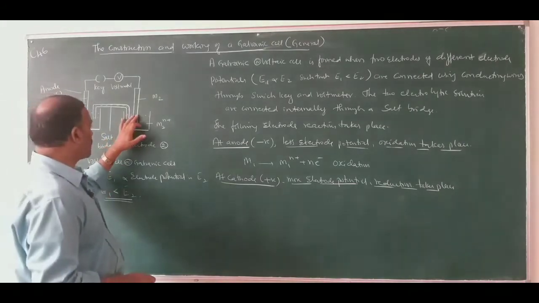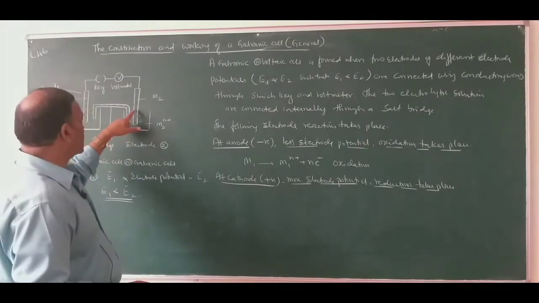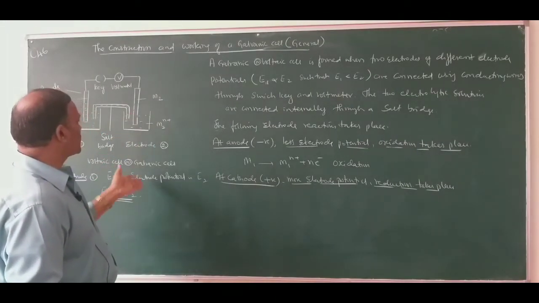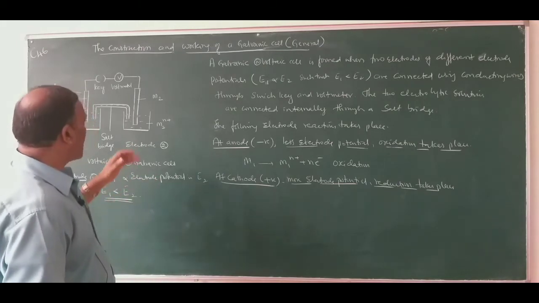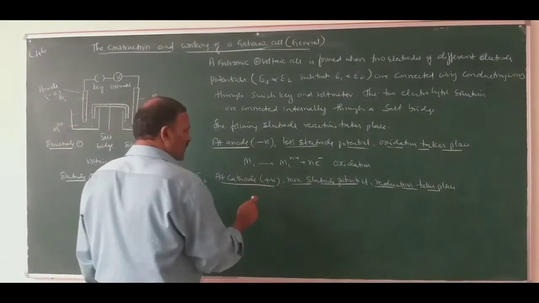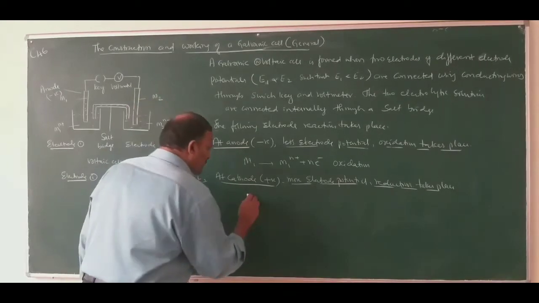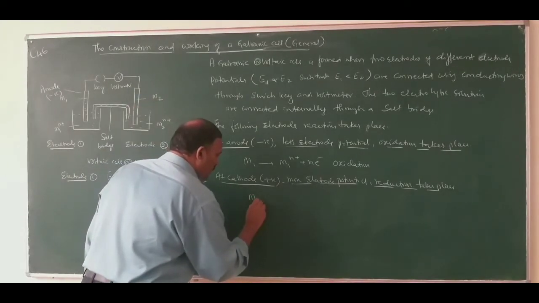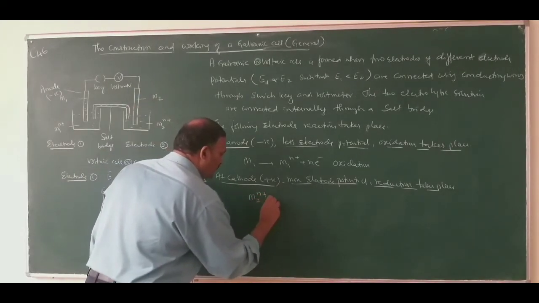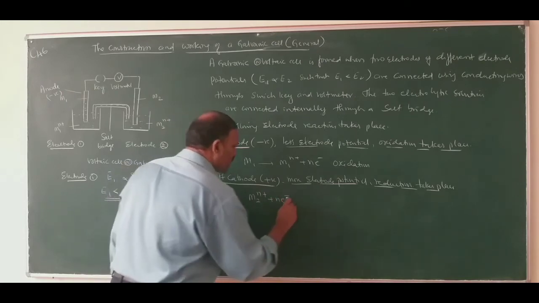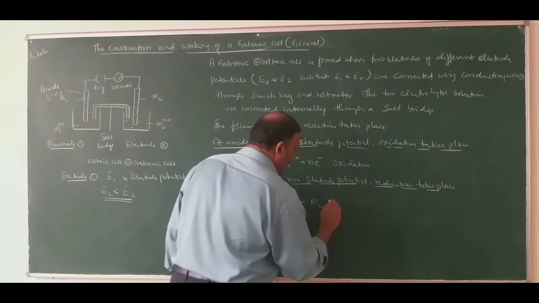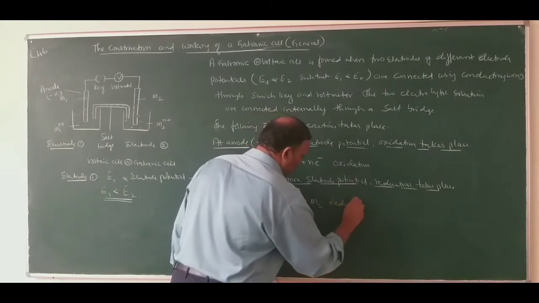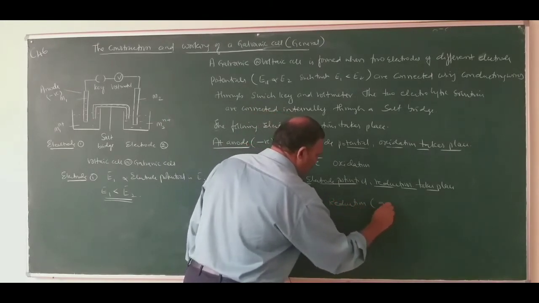So what is the cathode? The electrode whose electrode potential is more, and it undergoes reduction, and its charge is positive. So what is the reduction reaction? M2 n plus plus n electrons gives M2. So this is reduction. What is reduction?